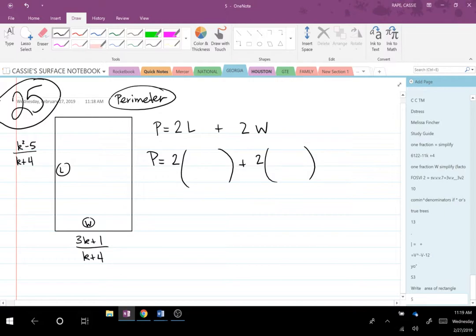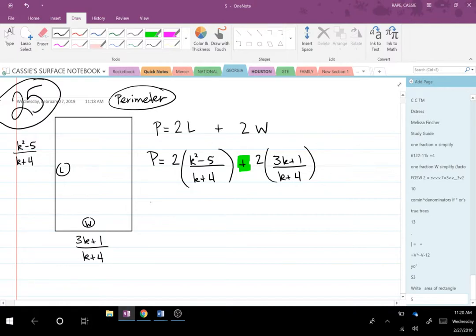So the length I said is k squared minus 5 over k plus 4, and the width is 3k plus 1 over k plus 4. When you're adding, it's important to remember that you've got to have common denominators.